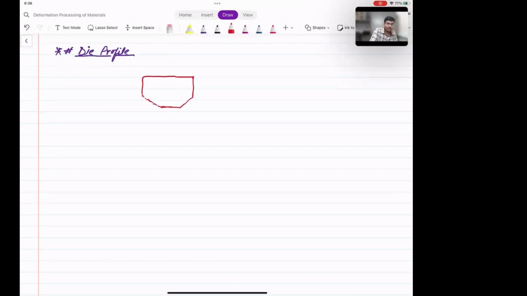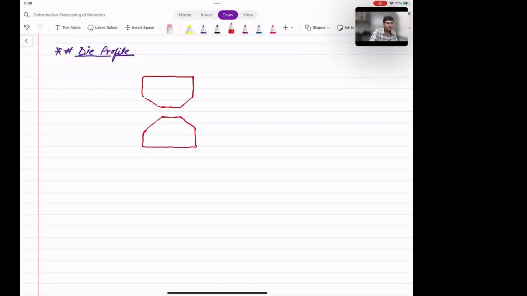It will go like this, and further similar will be at the lower side or bottom side. Say these are the dies.